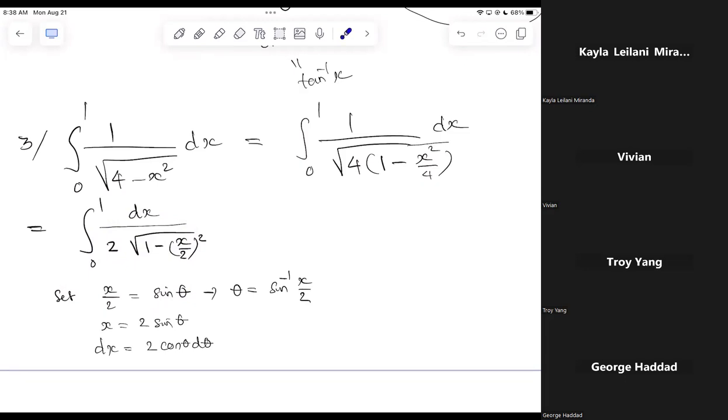On the last one, I can get theta equals sine inverse of x over 2. Also in this problem, I have the lower limit equals 0 and the upper limit equals 1. So I need to convert to the new limit for theta.